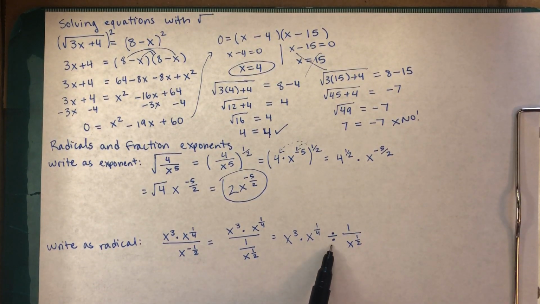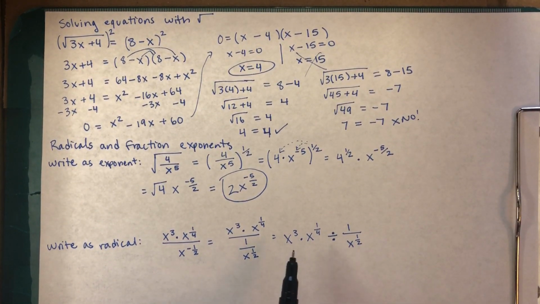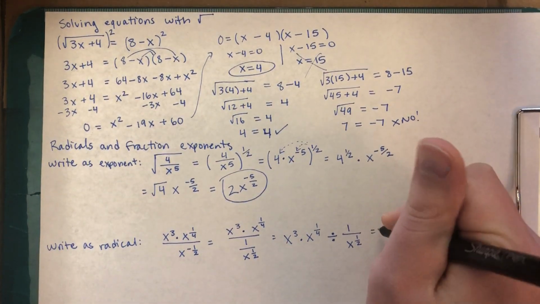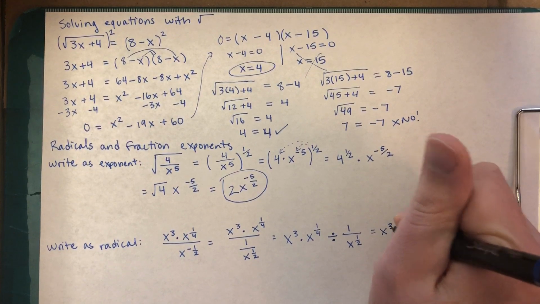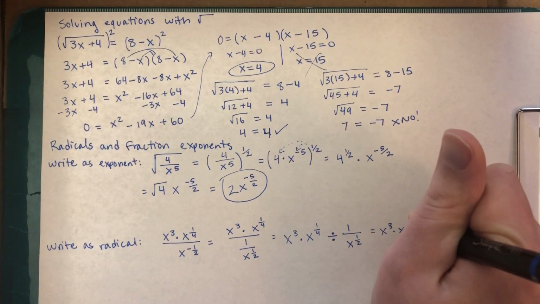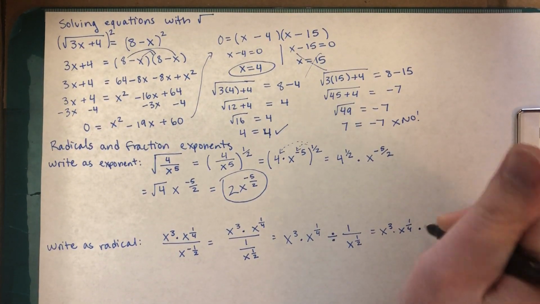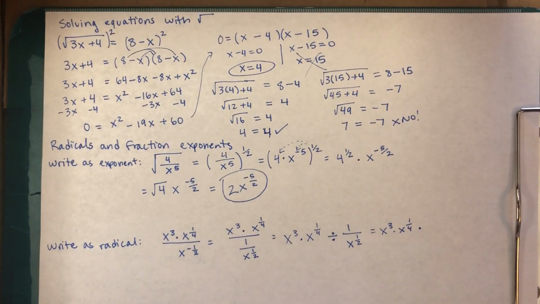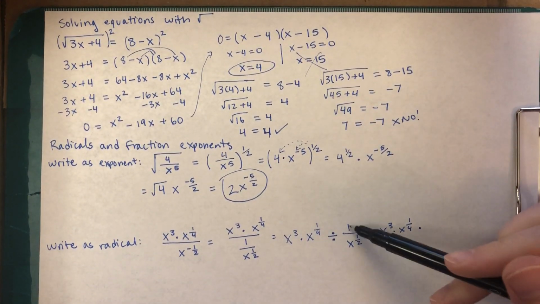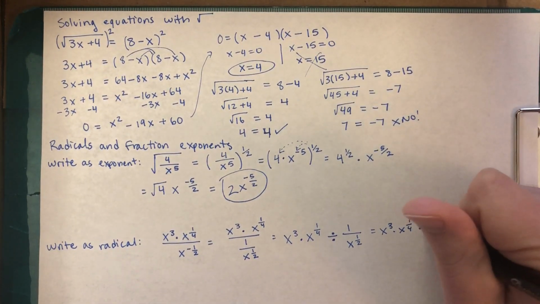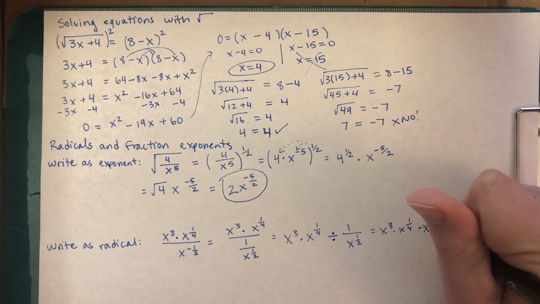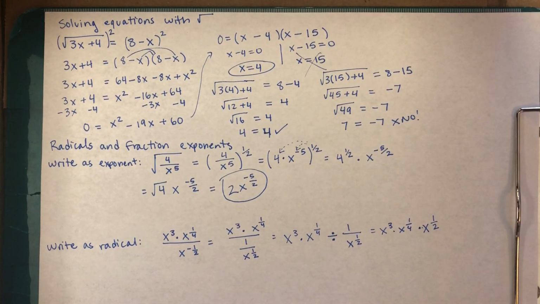Now when I'm dividing by a fraction, the rule is keep, change, flip. So I'm going to keep this first part, change the dividing into multiplying, and then I can just flip this fraction and write x to the 1/2.